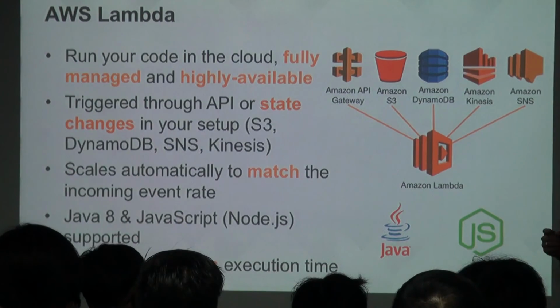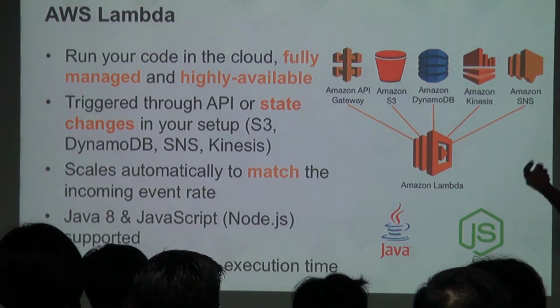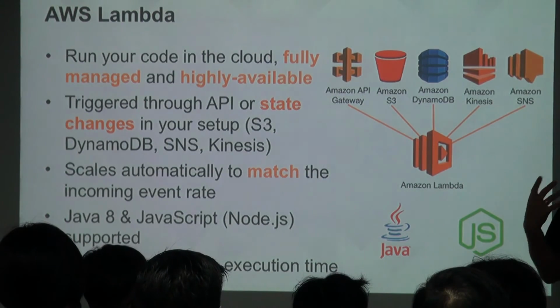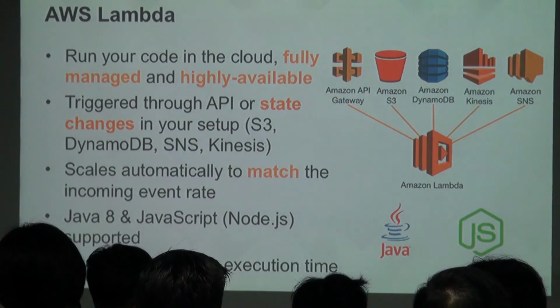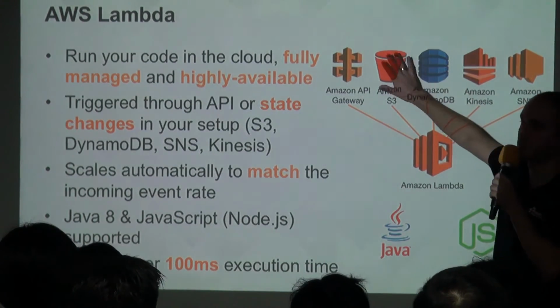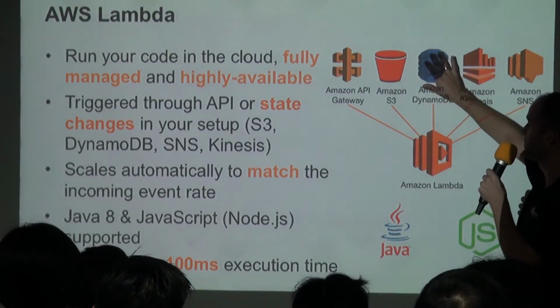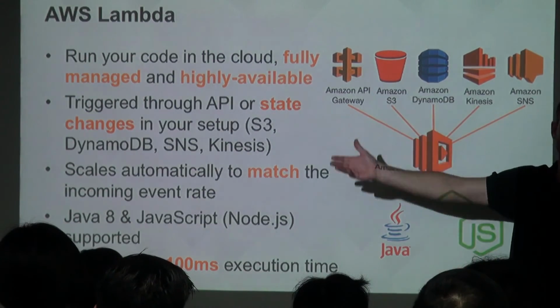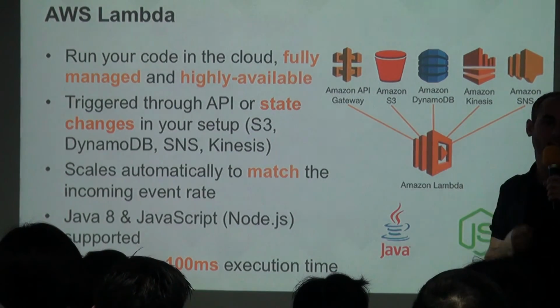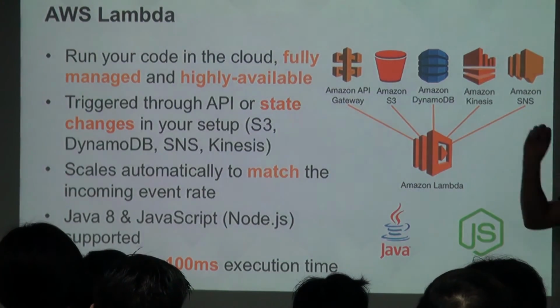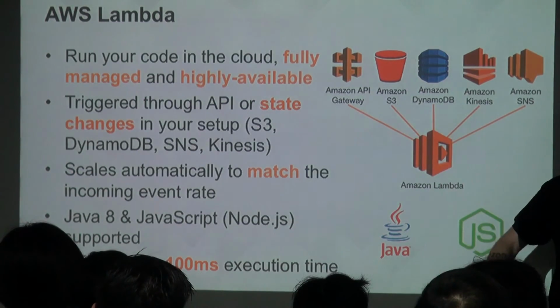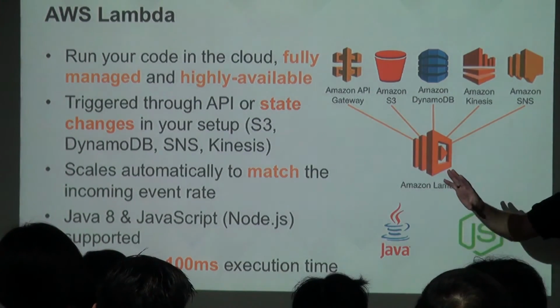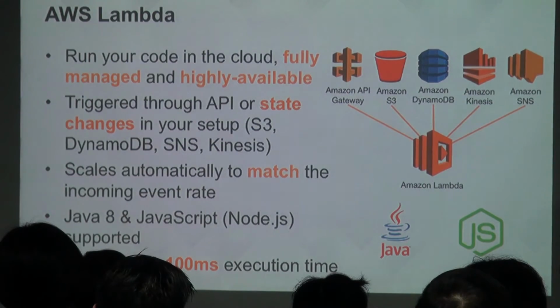But the more interesting part is, this code can also be triggered through event changes or state transitions within your AWS environment. So you have, for example, things like S3, where you can put files in, or DynamoDB, which is a NoSQL database. You can react upon new items. So if you put a new file into your S3 bucket, an AWS Lambda function is automatically triggered and runs your code on it.